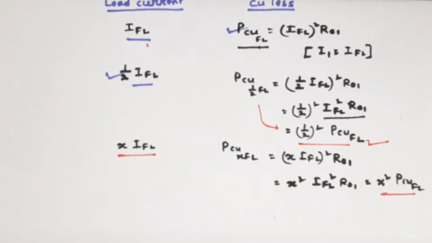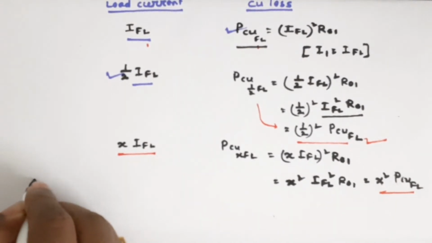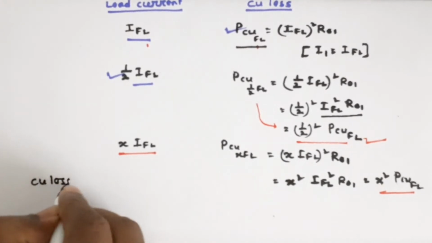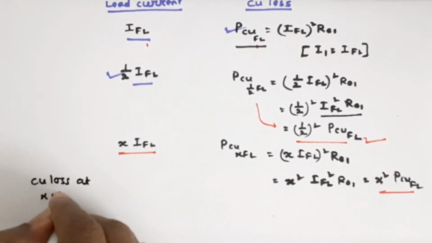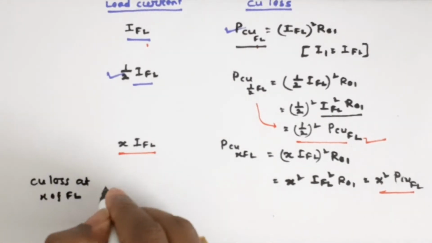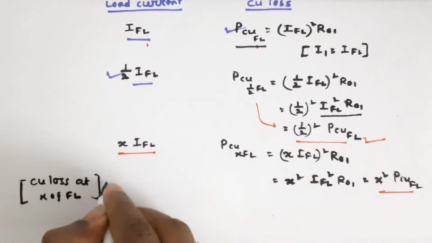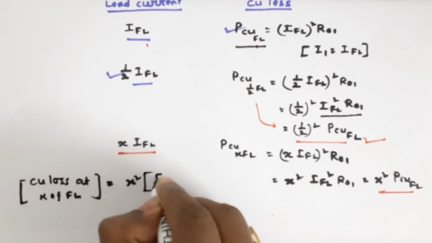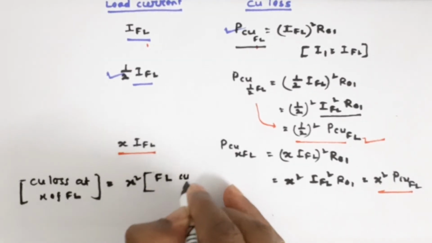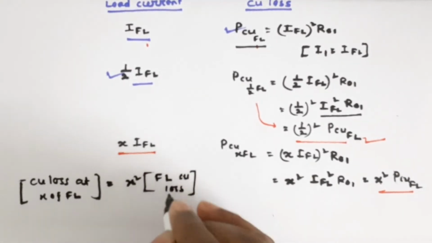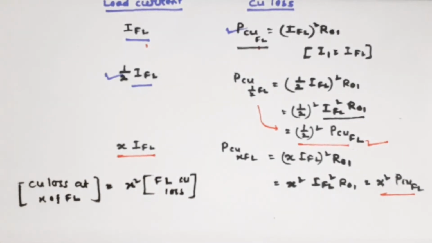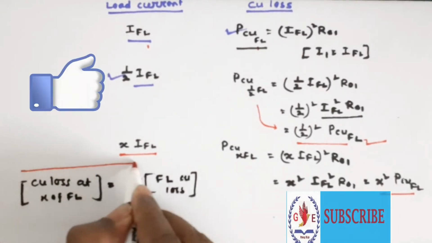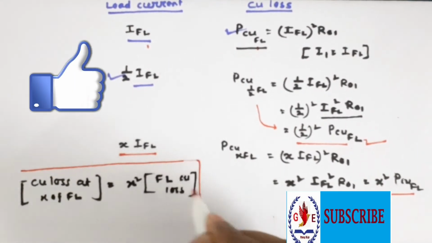Therefore, we can conclude that the copper loss at X of full load is equal to X square into the full load copper loss.